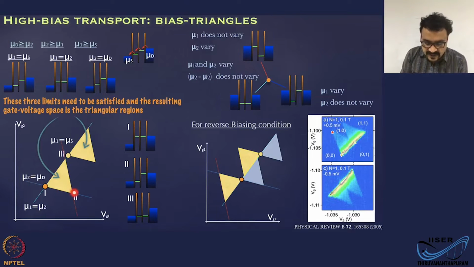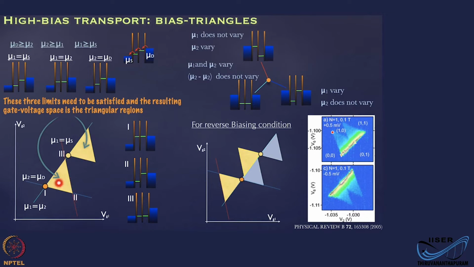So the area above this line, and similarly mu1 equal to mu s, the area to the left of this line. The area to the right of this line corresponds to mu1 less than mu s, because the gate VG1 is getting more positive. That means this level goes below the source side. That is a Coulomb blockade region for that dot. So no transport is going to happen this side.